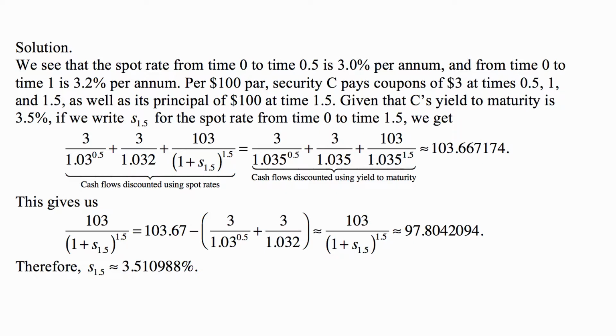So using that price, if we subtract the present value of the first 2 cash flows using spot rates, we must get the expression for 103 divided by 1 plus S1.5 to the power 1.5, and this comes out to be about 97.8042094. From that, then we just calculate 1 plus S1.5 to the 1.5 as 103 divided by this 97.80 and so on. And then we can calculate S1.5, and it comes out to be approximately 3.510988%.